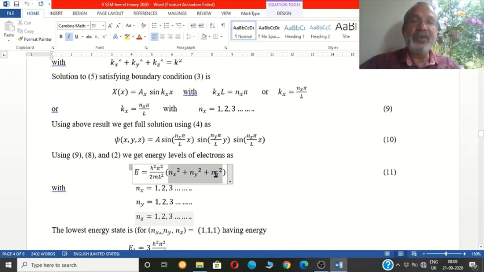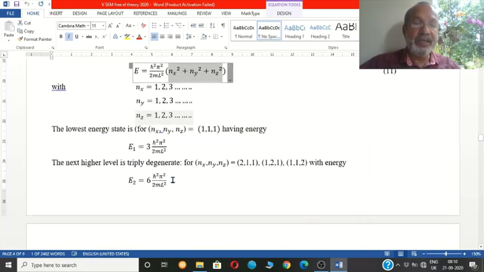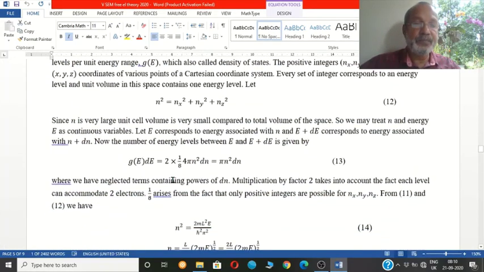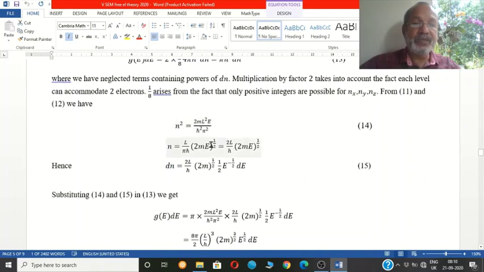So n square will be equal to 2mL square E divided by h cross square pi square, that I have written here.